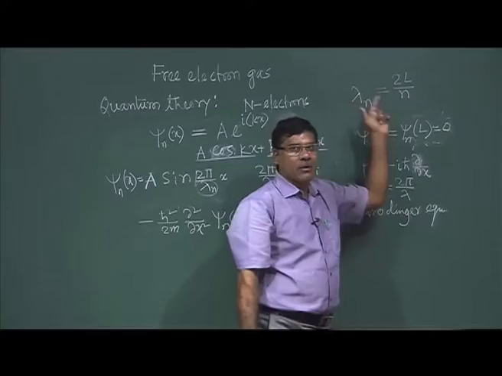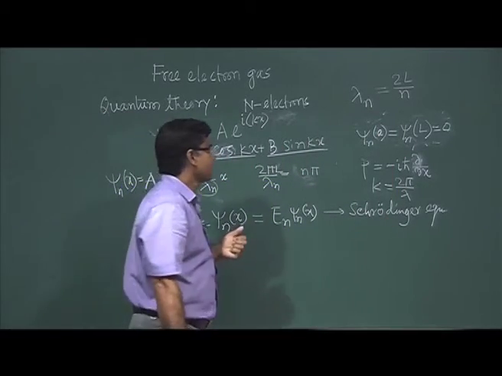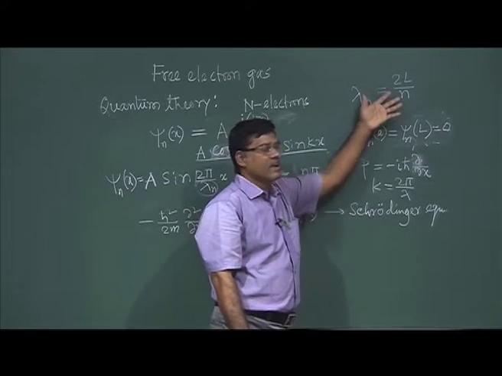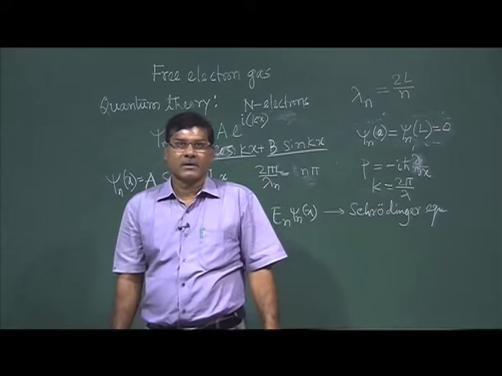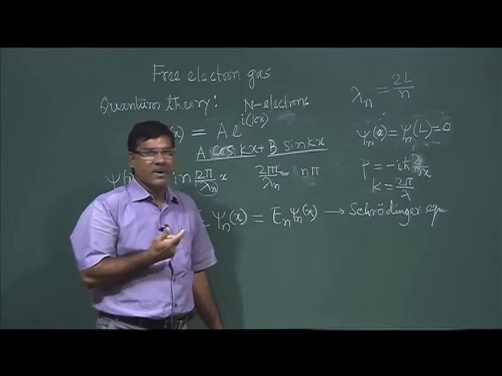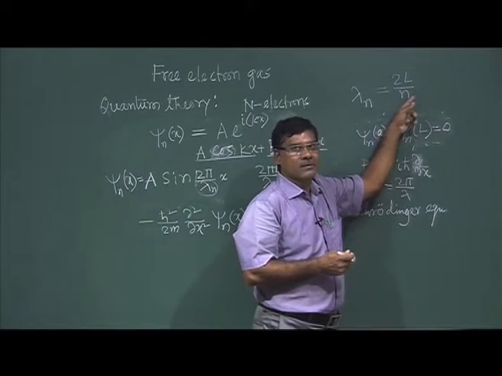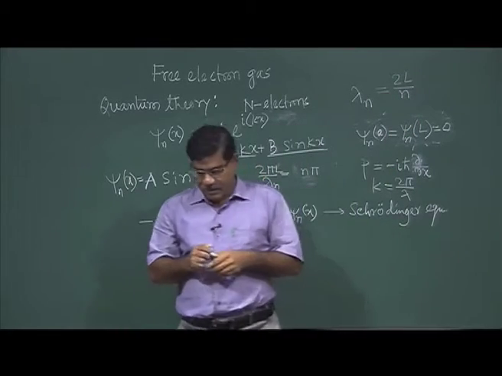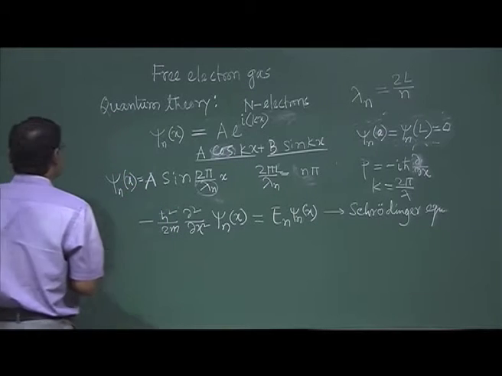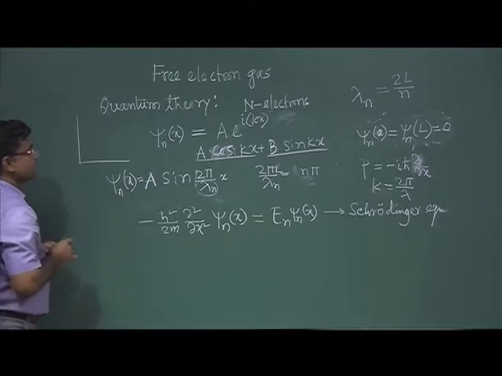This tells the wavelength of your state. For the nth state the wavelength will be 2L by n. So the longest wavelength will be 2L, for n equal to 1.